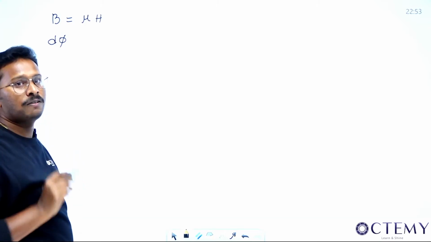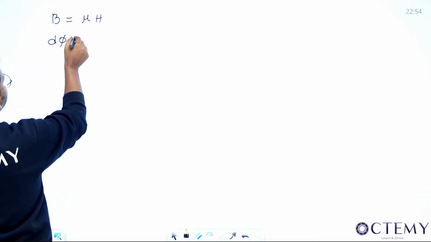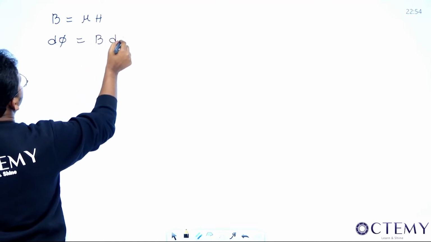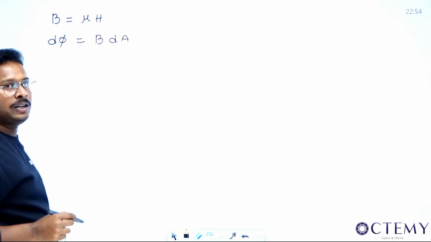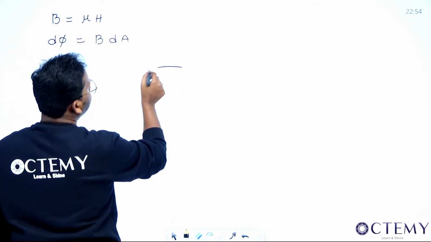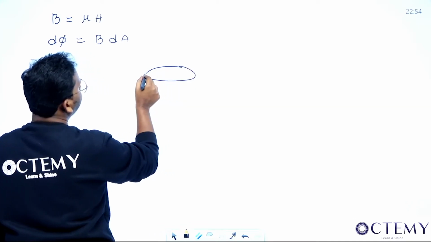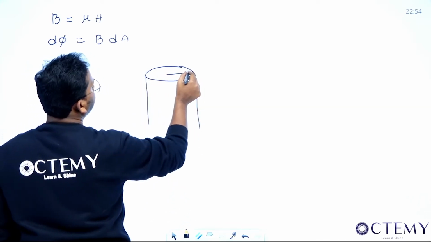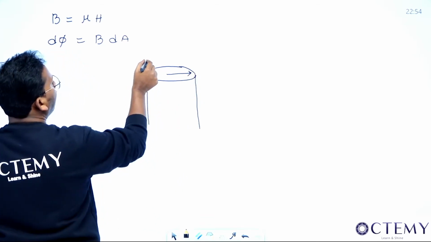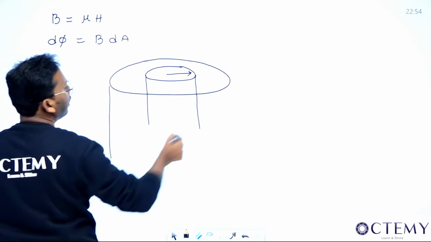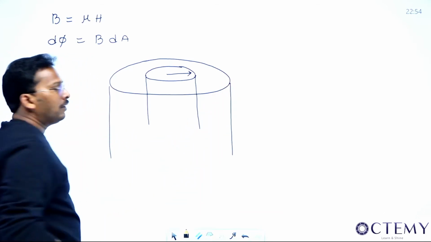So small amount of flux will take d phi is equal to B into dA. Because phi is equal to B into A, so d phi is equal to B into dA, right? So let us see what this dA is, sir. If this is your x distance and this is the outer conductor, this is a big conductor. In this conductor I have taken a small one.